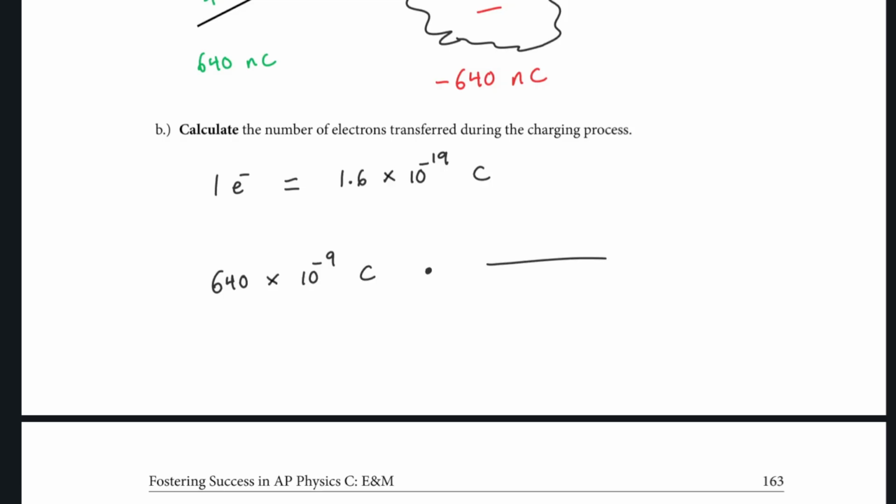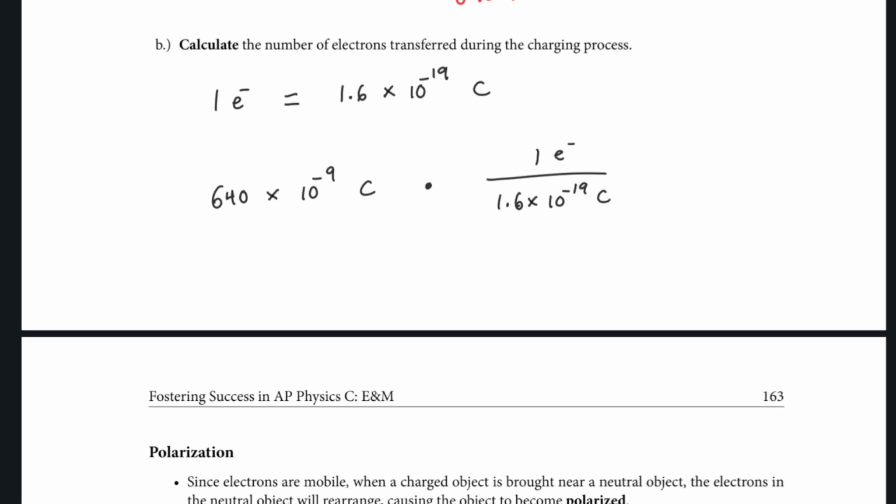And we just need to figure out how many copies of 1.6 times 10 to the minus 19th we can fit in there. So doing that, we can do some quick division, and we expect a whole number here. We would get 4 times 10 to the 12th electrons, because charge is quantized, so we know we can't get decimal values here.